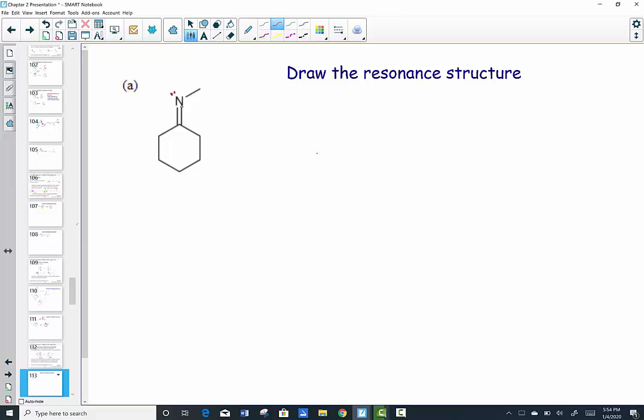Which one is the more electronegative element between carbon and nitrogen? Well, clearly nitrogen is electron rich, right? And that makes this guy electron deficient. The polarity of the bond is in this direction. So in terms of the arrow, it would show the pi bond going to the nitrogen, the more electronegative element.